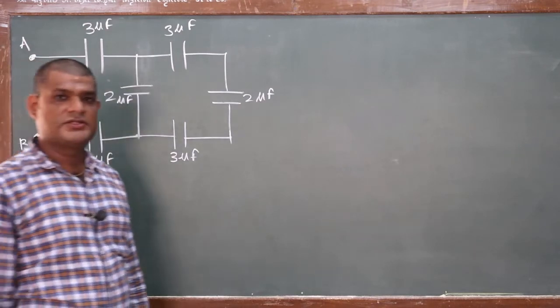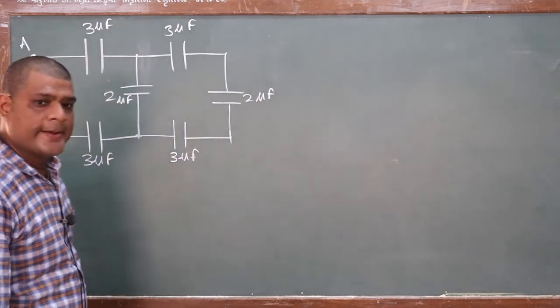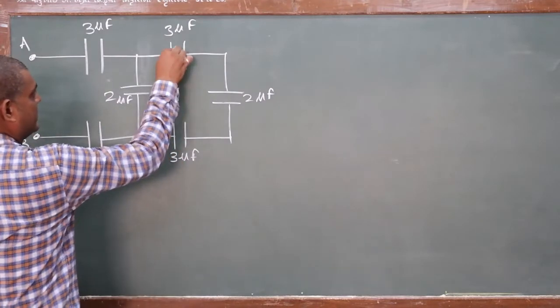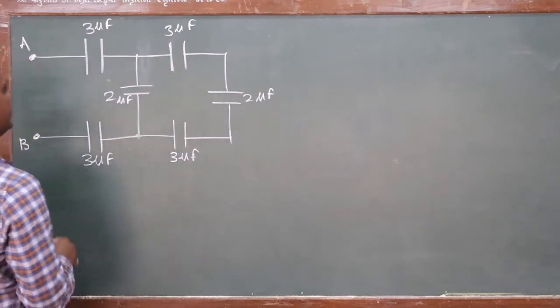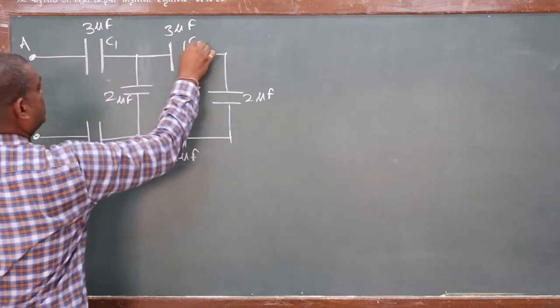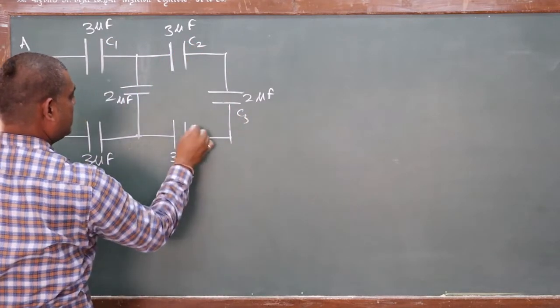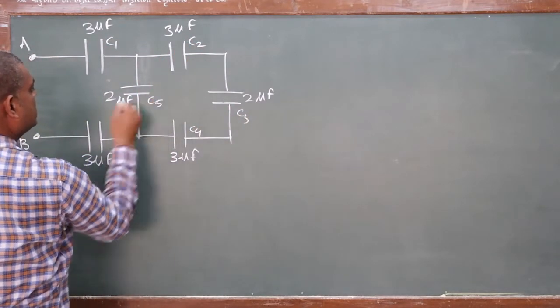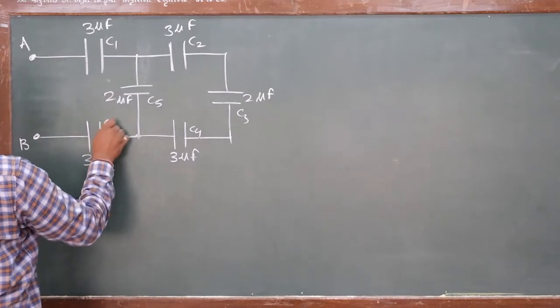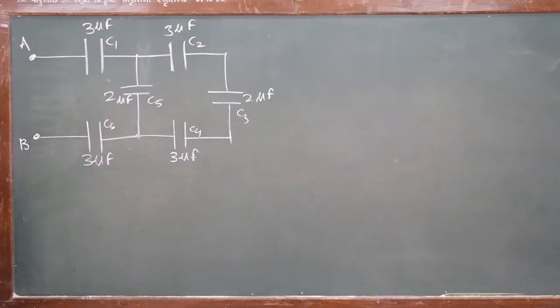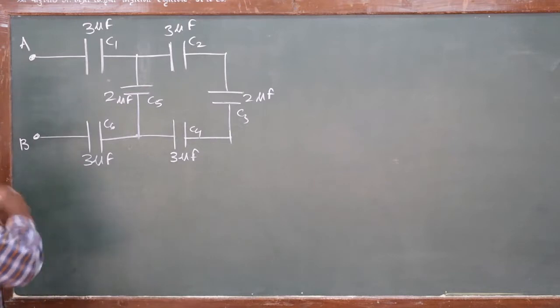How we will solve this, right? Okay, see. Here we will name the capacitors C1, C2, C3, C4, C5, C6. You just observe the diagram first of all.